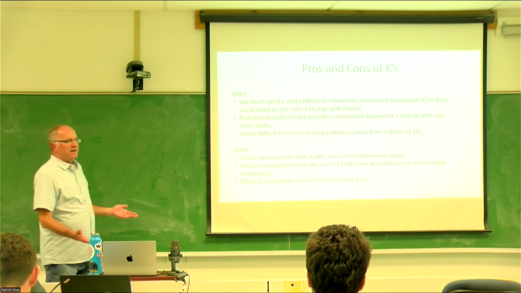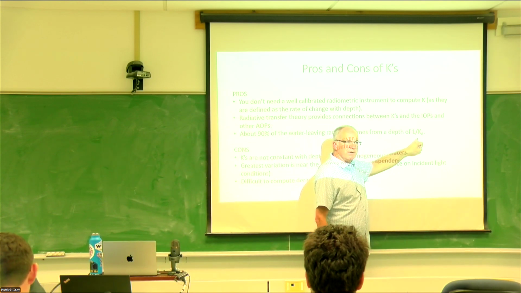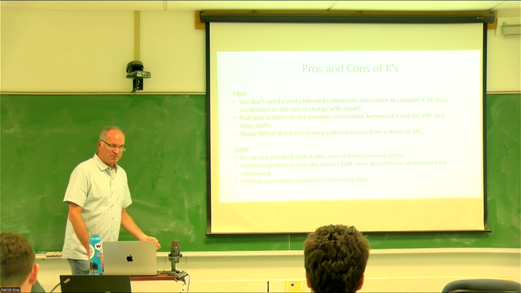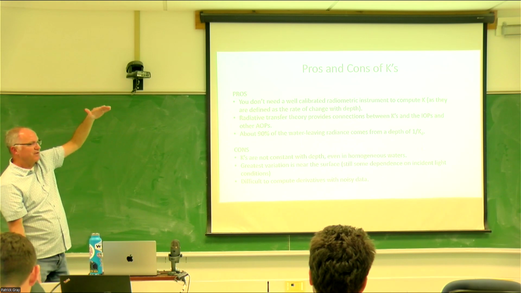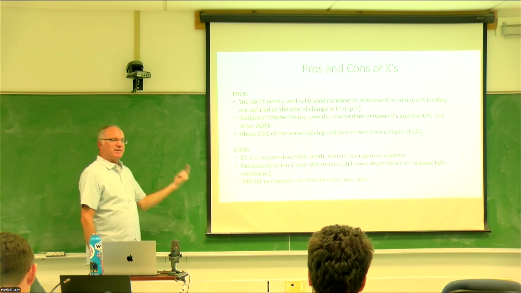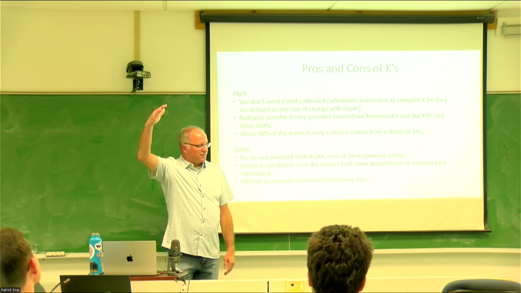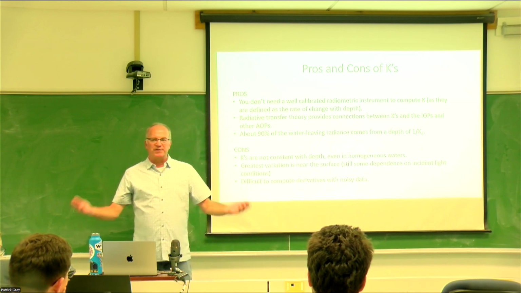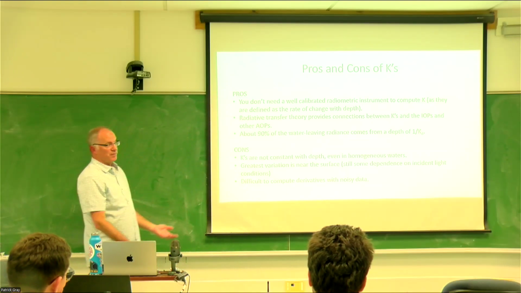If you have a really low KD value, you have a very deep penetration depth, meaning I still get a lot of light from very deep waters that comes out of the ocean. That's the cool thing about this in terms of remote sensing reflectance and satellites. You get a depth view of it, but as you put more stuff in the water, you're going to see shallower depths because I've got more absorption going on.